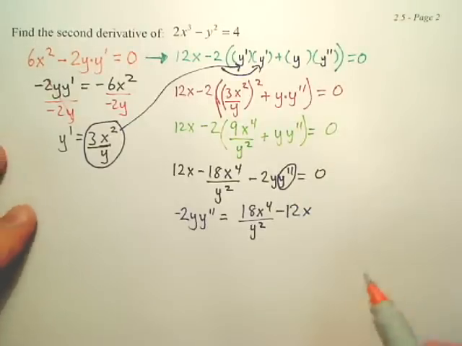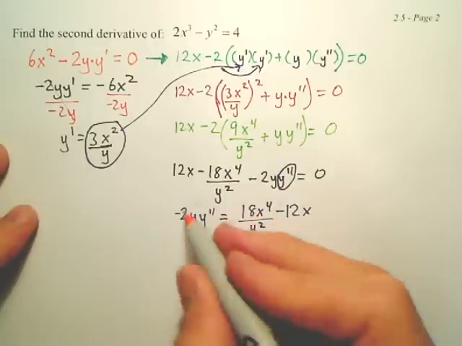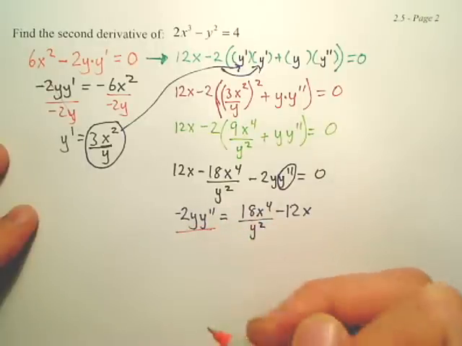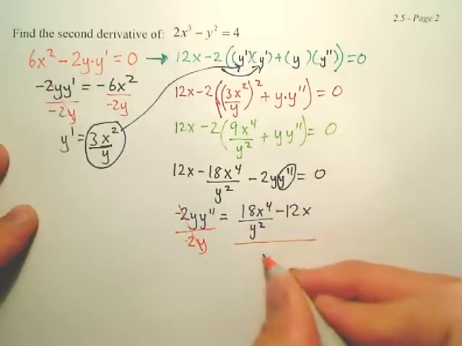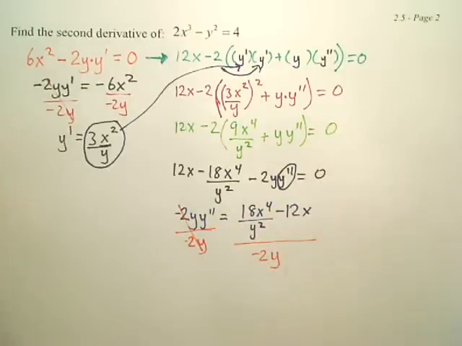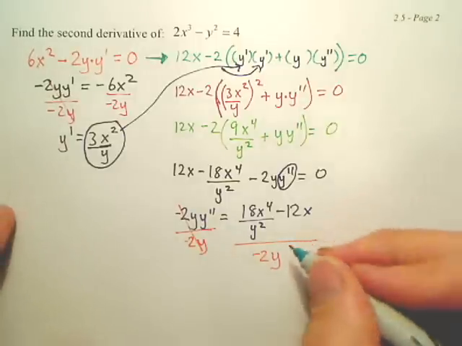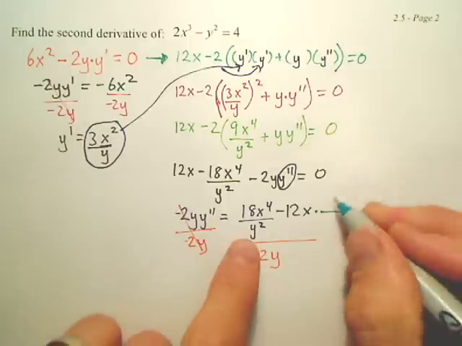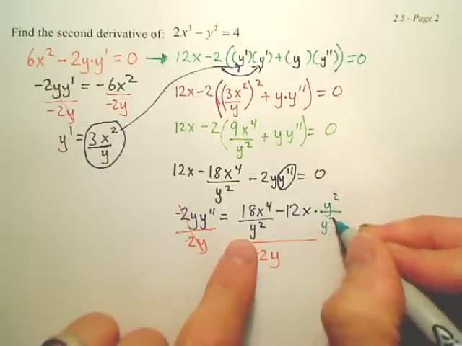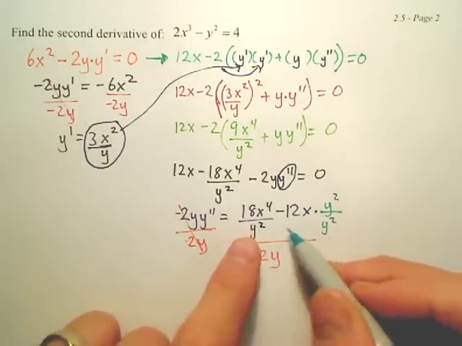Good. Okay. Then I'm going to divide by what? Negative 2y. Now that doesn't look very pretty. It's most likely not going to turn out to be that answer. Now we have to do some simplification. But that is the second derivative right there. So to simplify this, do you understand what we are probably going to multiply this piece by? Once you do y squared over y squared, so the top can combine.